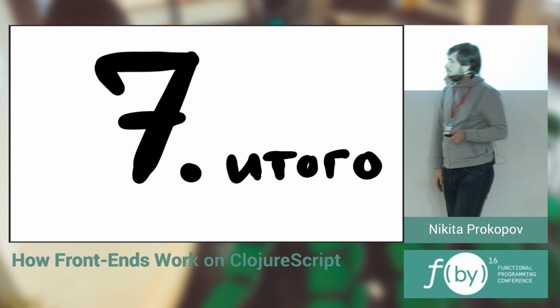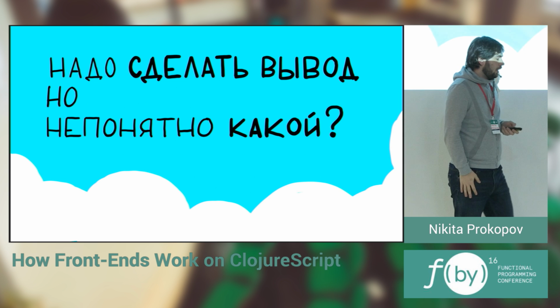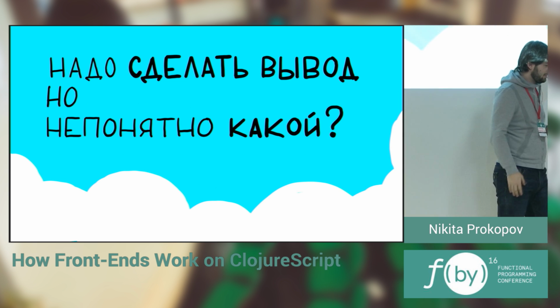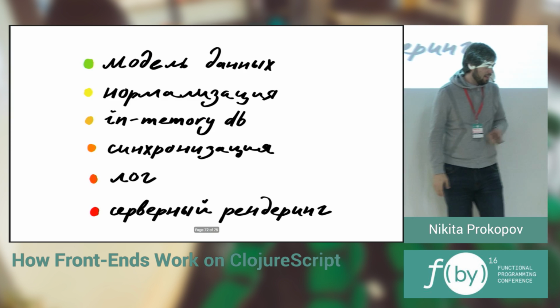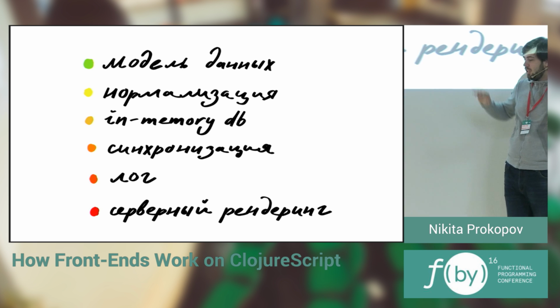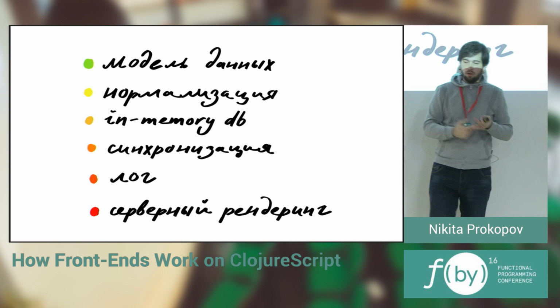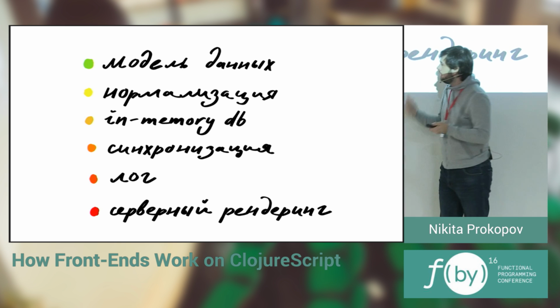So this is mostly the end of my talk. The summary. We have to make some conclusion. I'm not sure which one. So we talked about data model, normalization, in-memory database, synchronization, event log, and server-side rendering.